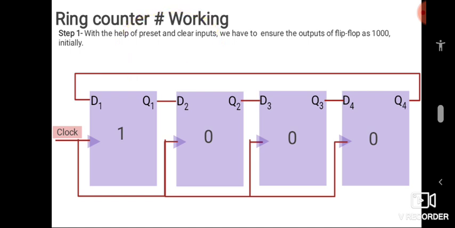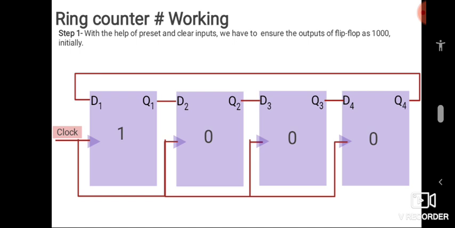Okay, so let me briefly tell you about preset and clear inputs also. In preset, if the preset input of any flip-flop is enabled, then its output will be set to 1 irrespective of the values of input. So I have enabled the preset input of the first flip-flop, so its output is set to 1.